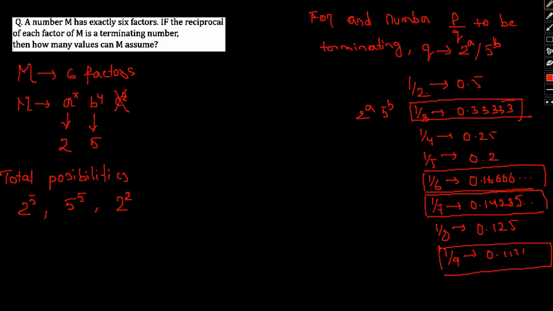And 2 square into 5, okay, this also has 6 factors, because 2 plus 1 is 3, 1 plus 1 is 2, 3 times 2 is 6. And 5 square into 2, this also has 6 factors.